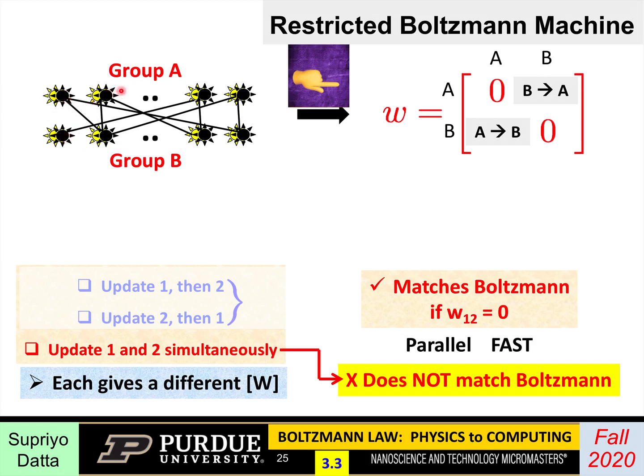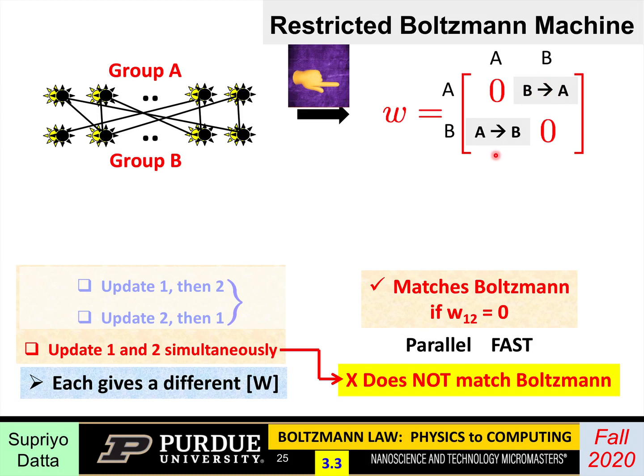And there is no connection internally among the A group and no connection internally among the B group, but there's lots of connection between the 2 groups. So when I look at the weight matrix, the weight matrix has 0 connections between A and A or B and B, but it has all the connections going B to A and A to B.